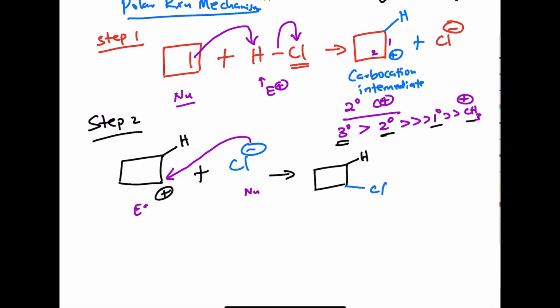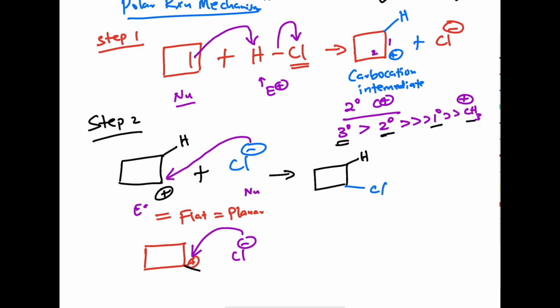Now, one thing to note here is that carbocations are flat or planar. And that means if you have this as a carbocation, and then you have a nucleophile coming in, so in this case chlorine, this chlorine can add from the top.